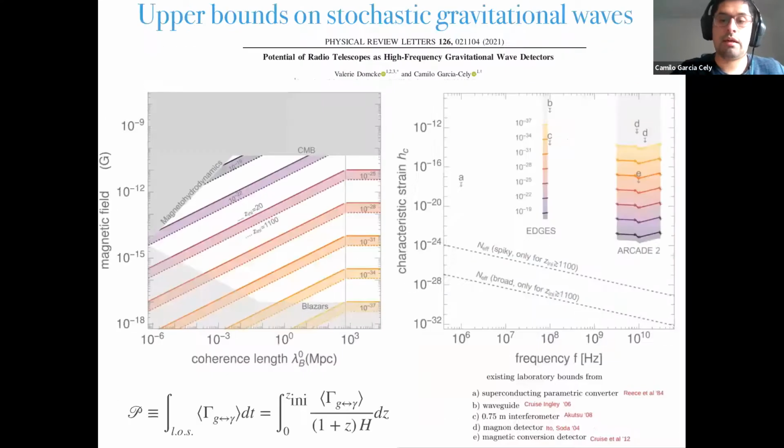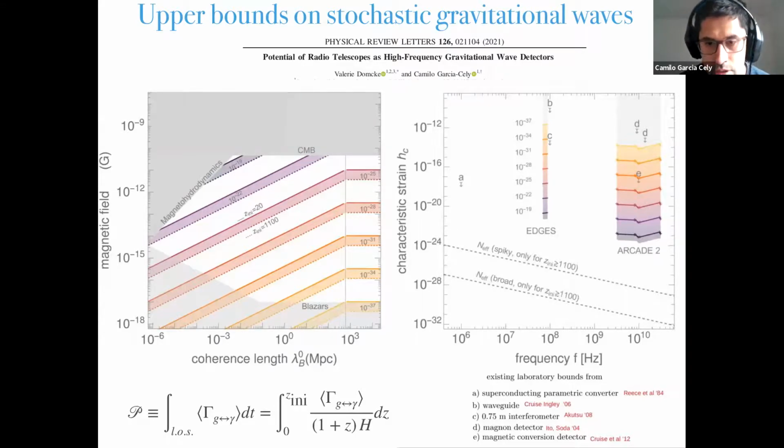So we can convert then this. I mean, if we assume just that this discrepancy that they found is just astrophysical, and we just use their measurement as some sort of upper bound, then we can also put a bound on the gravitational wave signals that are centered around that particular frequency they measure, and that's what's shown here.